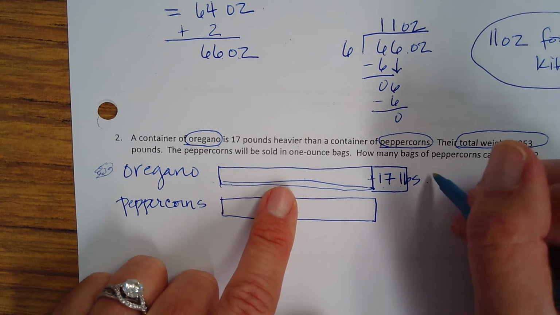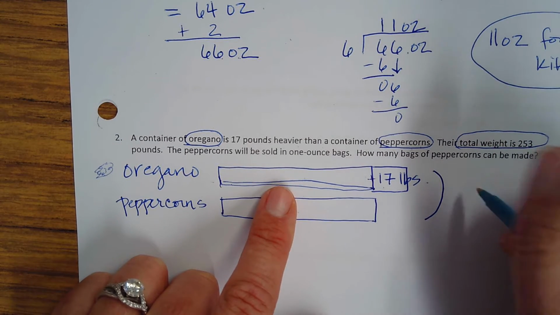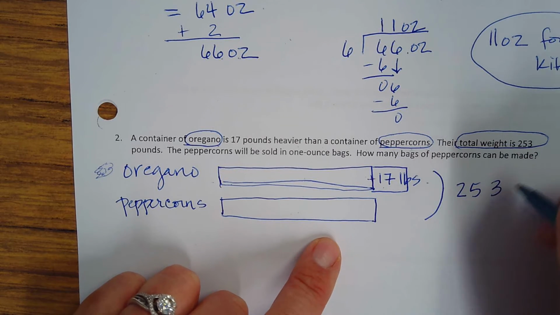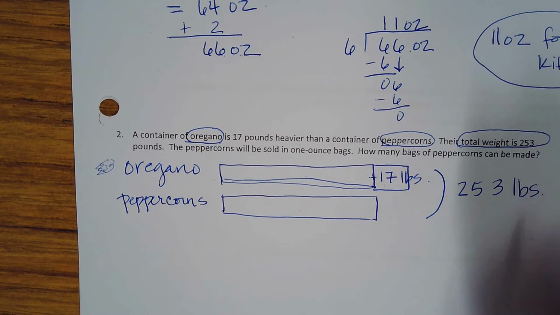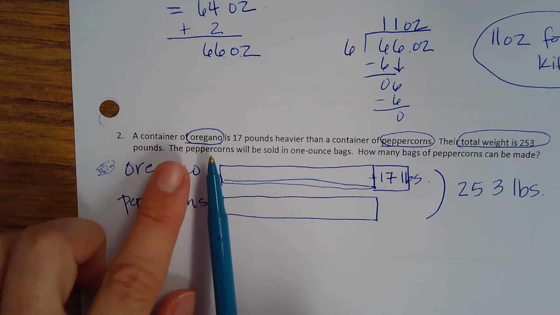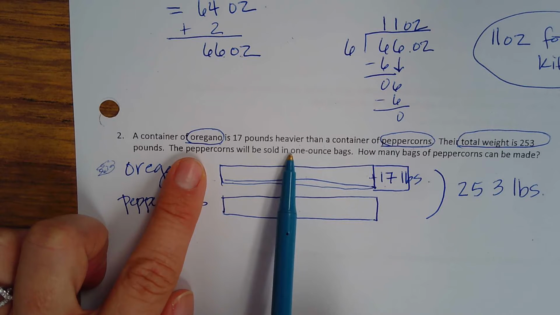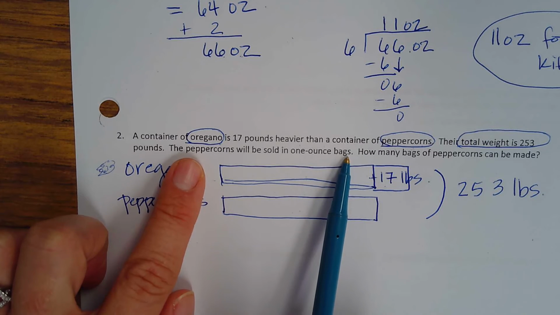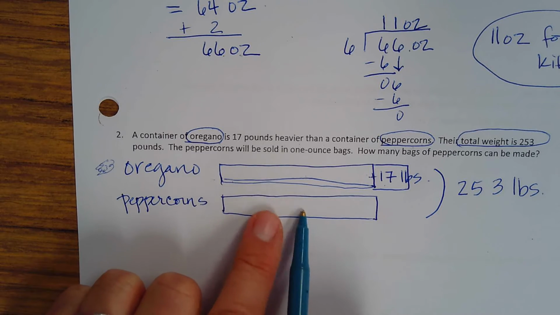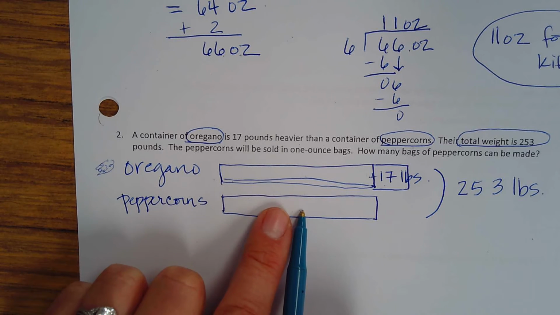Yes? So we know that a total is 253 pounds for the both of them. So now the question asks us, the peppercorns will be sold in 1-ounce bags. So we need to know how much the peppercorns weigh, right?